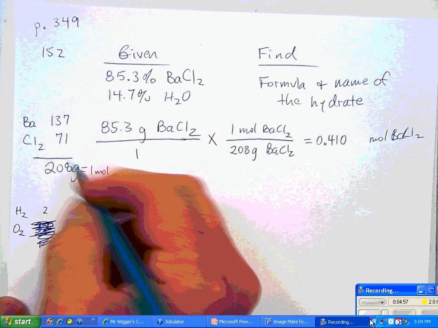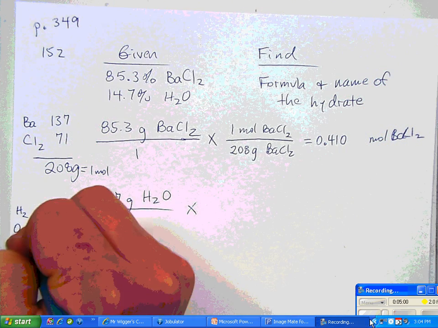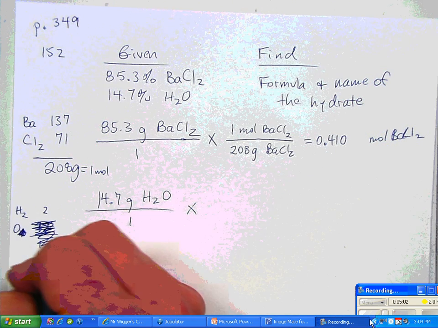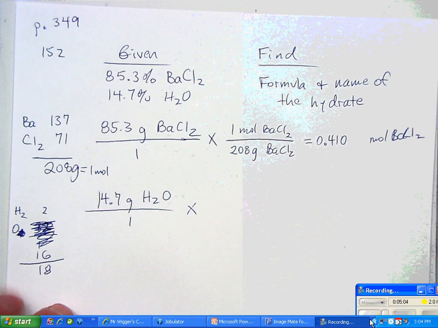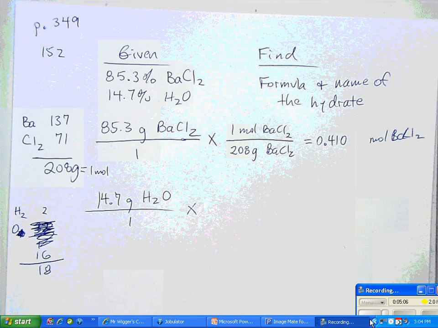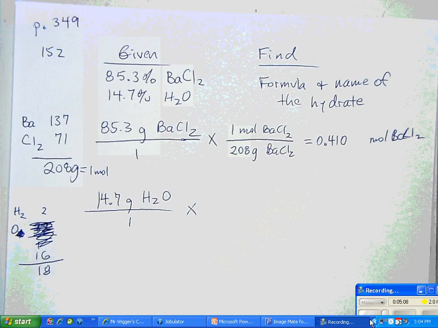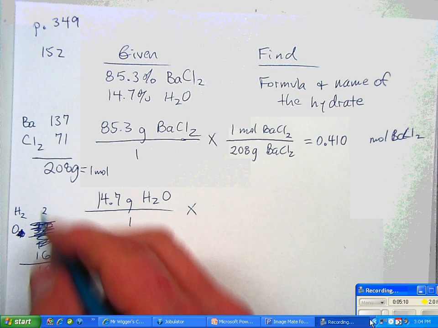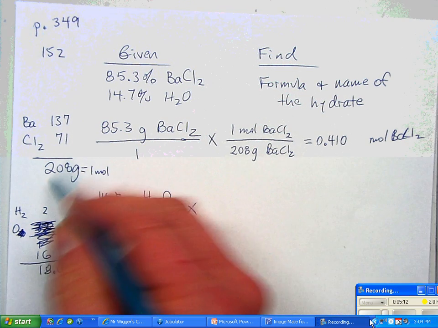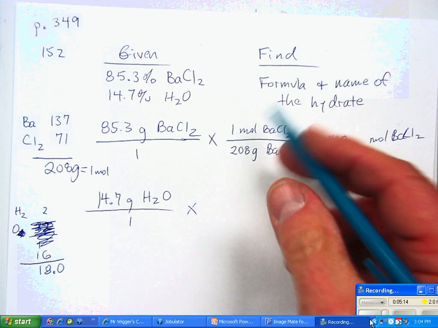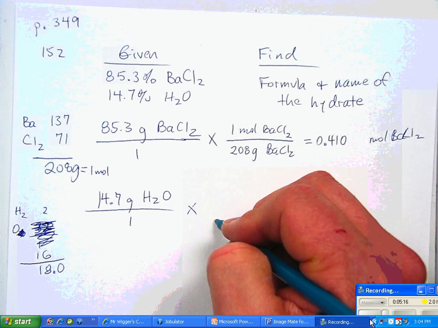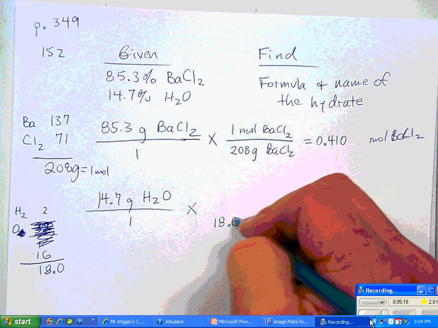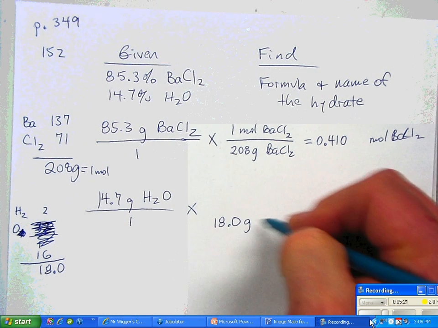Oops. Oh, shame on Mr. Wigger. Okay, so we got 16, you're right. And that's a total of 18. Yep. Okay, we're good? All right. This is actually 18.0. I didn't put the decimals in, but I wanted to have 3 decimals, and this is very, very close to 18.0. And this is grams, H2O.